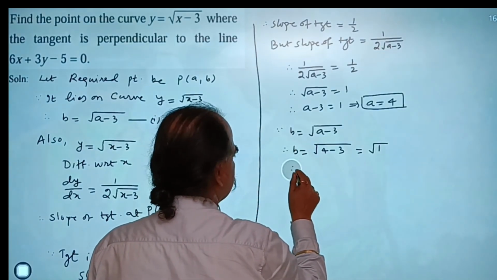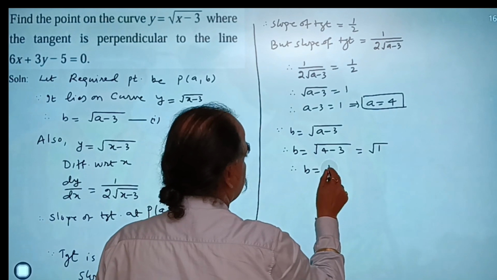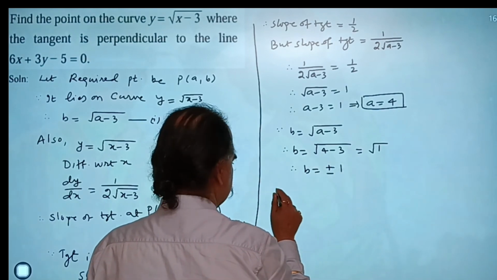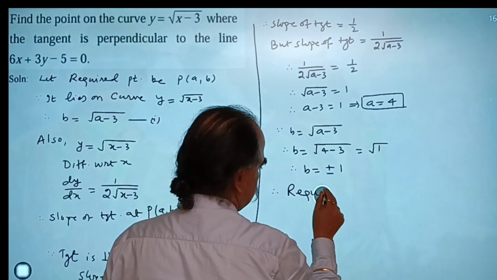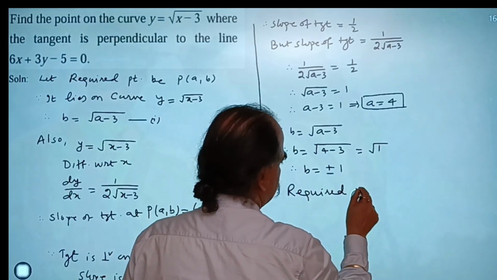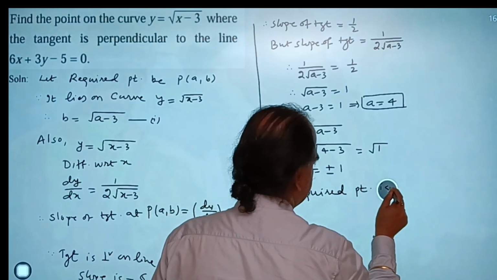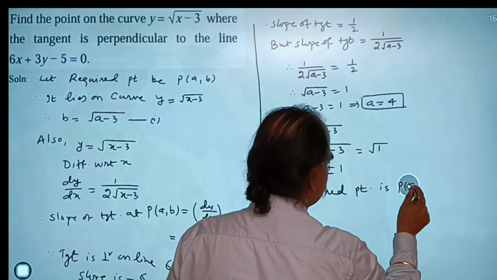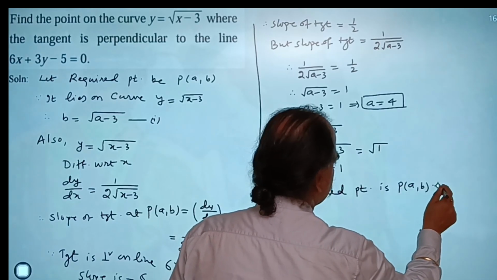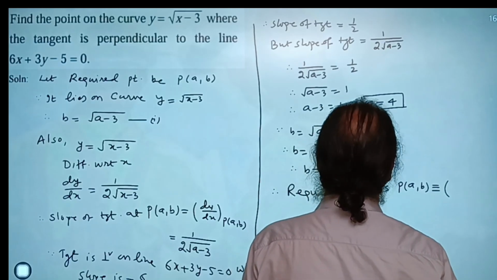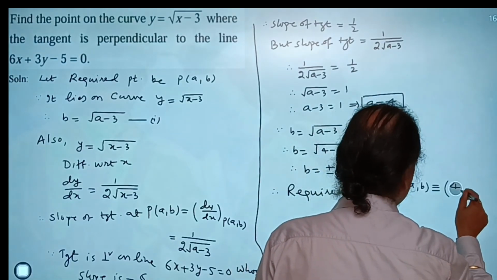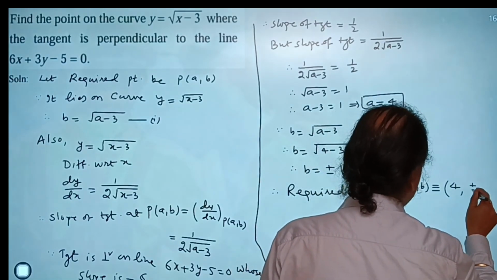So b will be plus or minus 1. So the required point is P(a, b) corresponding to a is 4 and b will be plus or minus 1.